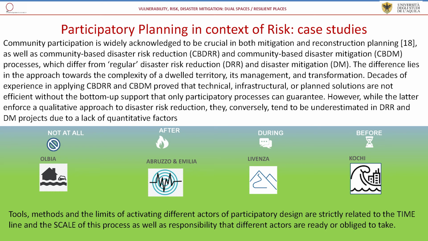One is not planning at all in a vulnerable territory. One is participation after, in the design after the destruction. One is during, when something could happen or is a threat for the territory. And the last one is before anything happens.